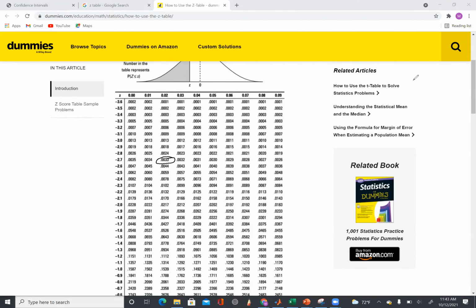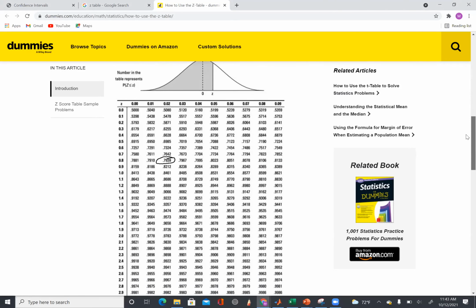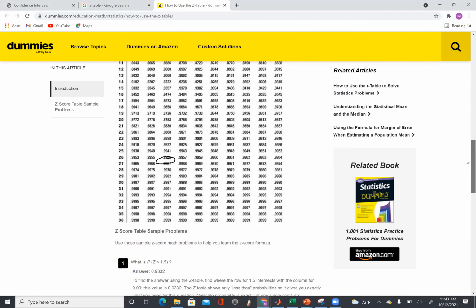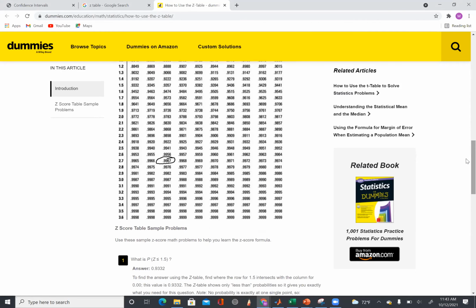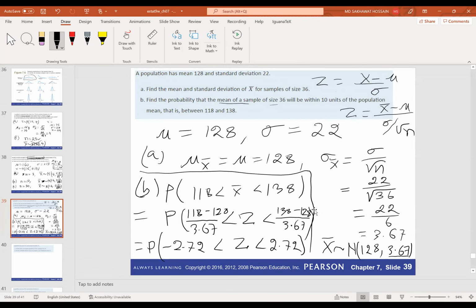So now we have to also look at positive 2.72. So where is 2.72? 2.7, yes, this is 2.72: 0.9967. Okay, so we have 0.0033 and 0.9967. The area will be the difference between these two. So let me write it down here.